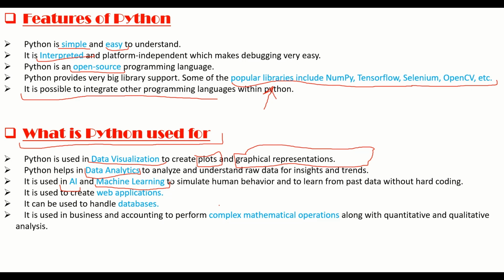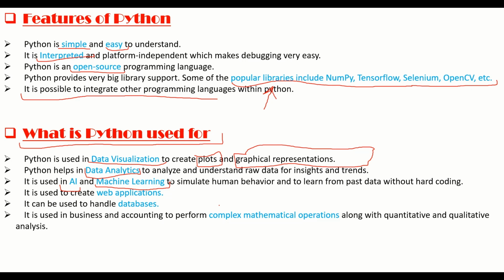Scikit-learn is a machine learning library. These libraries offer high-level APIs and pre-built algorithms for tasks such as neural networks, deep learning, natural language processing, or we can say NLP, and computer vision.